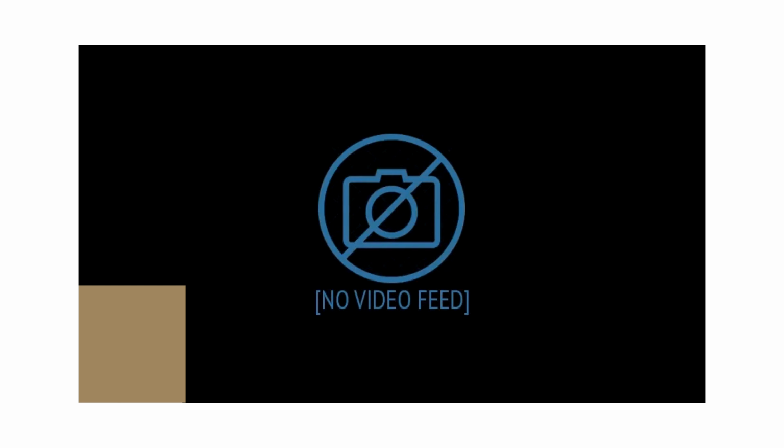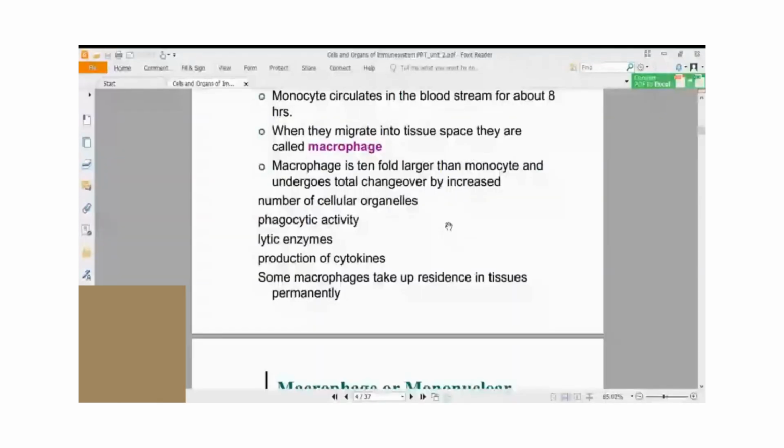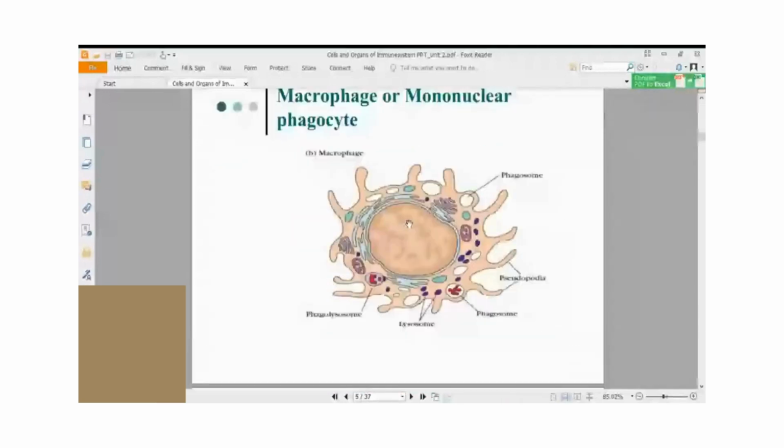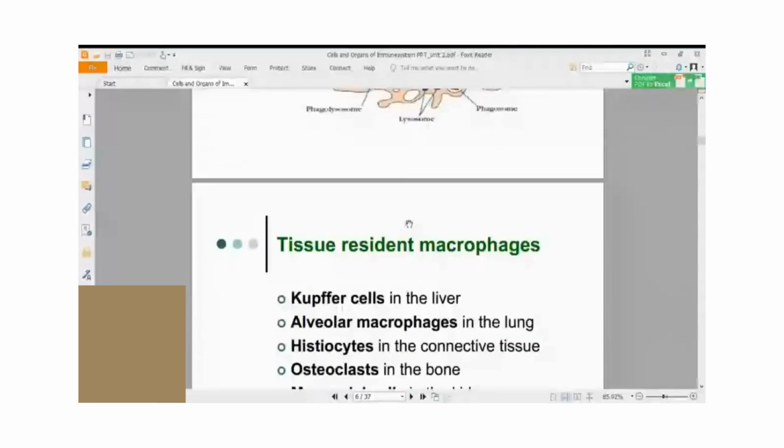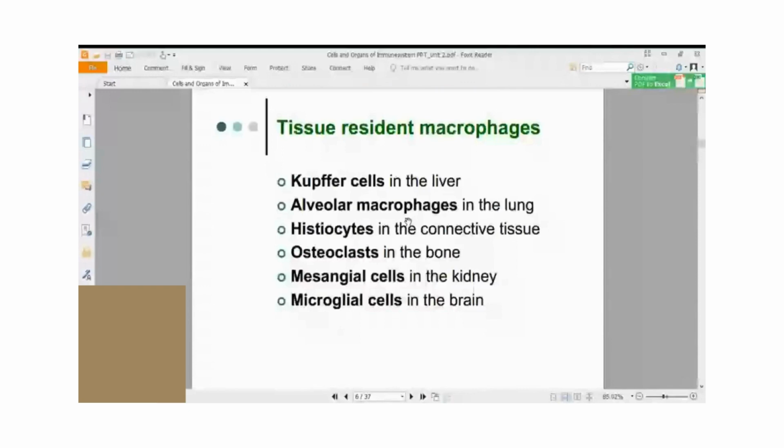I have told you about that process, where highly reactive oxygen species are produced and there is a respiratory burst to encounter the pathogen, which possibly will kill the macrophage. But other than that, macrophages have a long lifespan. In the tissue space, the macrophage as a permanent resident is named differently. For example, the macrophage in the liver is called Kupffer cells.